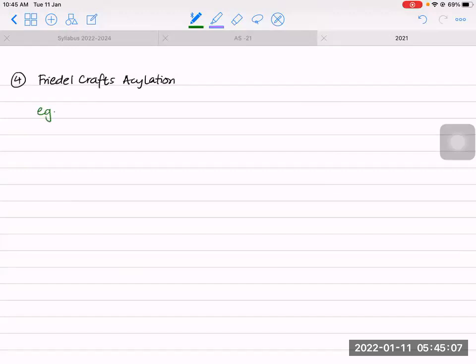So I'm taking an example of an acyl group, which is CH3C=OCl. So this right here is your acyl group, as you can see. This is the acyl chloride. And this is called what? Ethanoyl chloride, because you have 2 carbons. So we call this ethanoyl chloride.